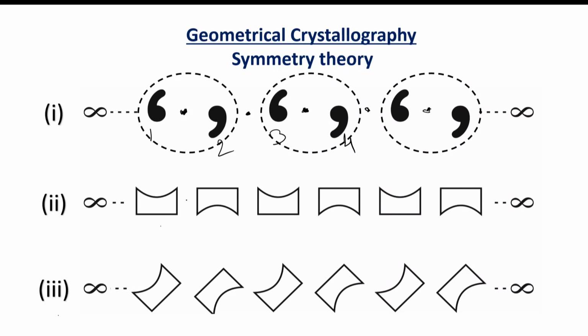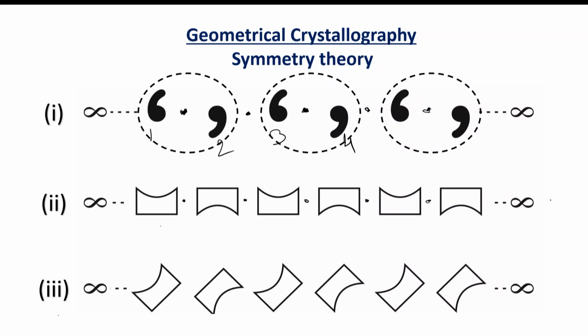Similarly, if I place the rotation axis in the second chain somewhere in between the motifs, I can again rotate 180° and generate the second one from the first one, the third one from the second one, and so on. I can generate the complete chain.